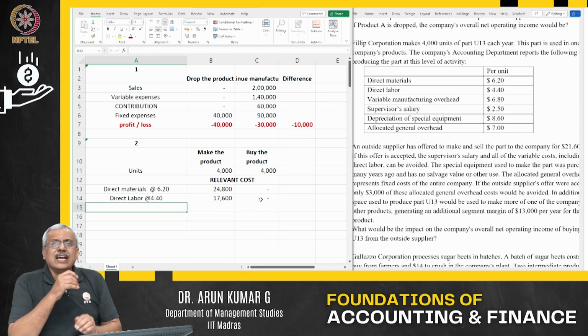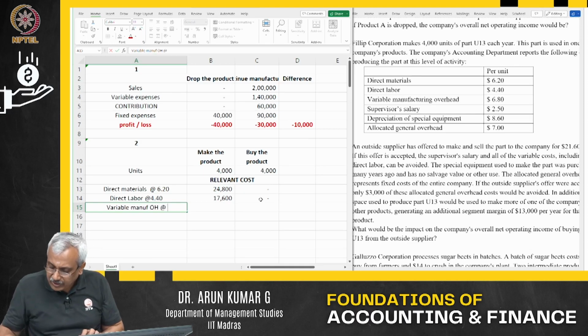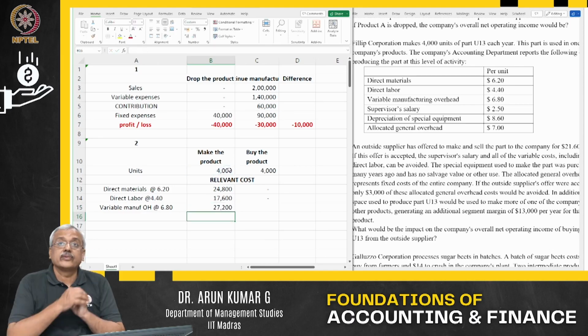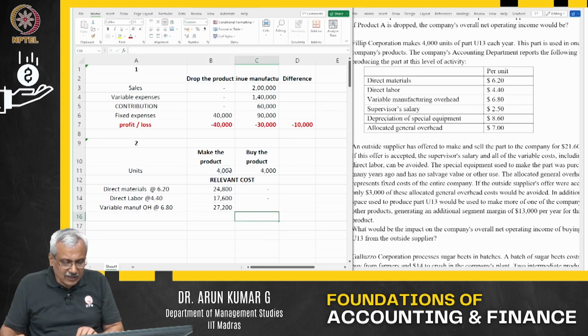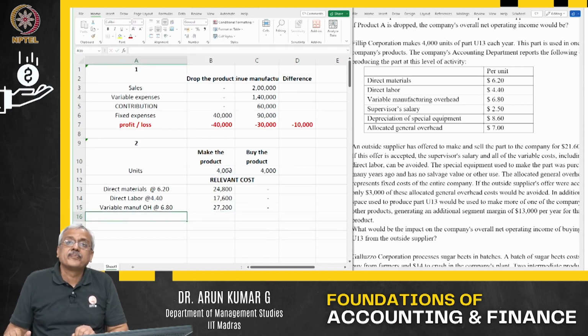Now, what is it? Variable manufacturing overhead at, what is the price? 6.80 into 4,000 out here, and that is what it is. Next is, again, if you buy, you are not incurring it.